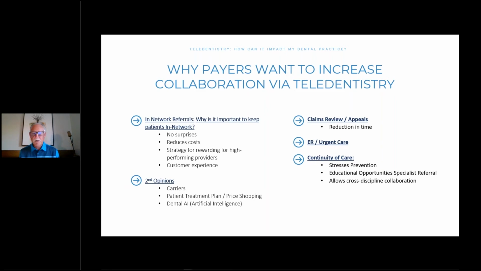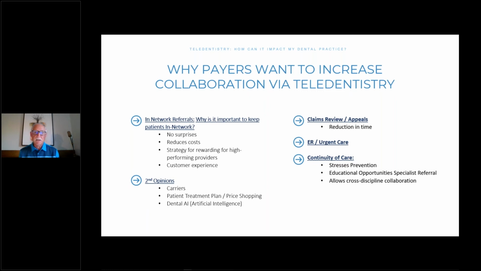ER and urgent care, I won't go into that again, but continuity of care, in my opinion, provides the greatest potential to change the cost value curve. It stresses prevention, so ongoing patient follow-up.